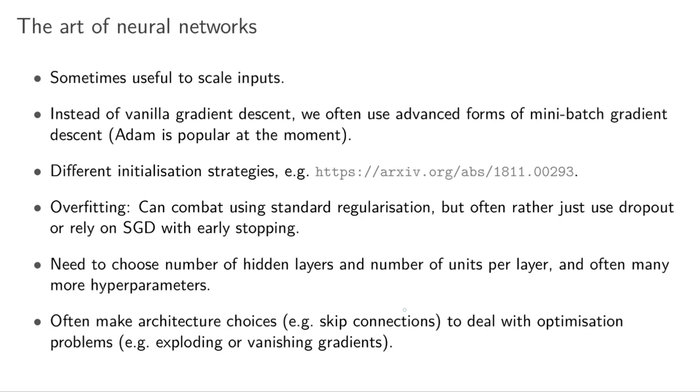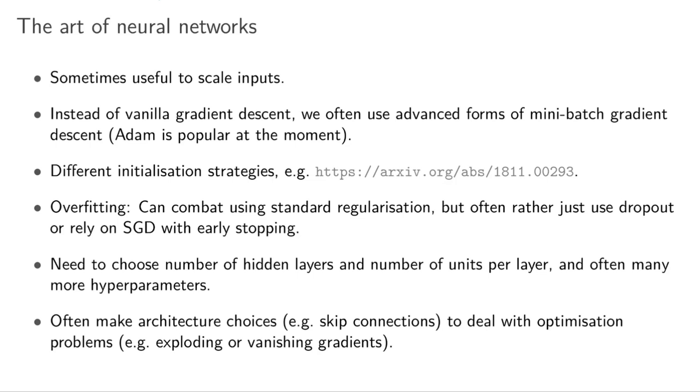There are also other decisions that you will need to make regarding the architecture. There are things called skip connections. I should maybe take a step back. Very often, as your models get deeper and deeper, you start to get problems with gradient descent. They talk about exploding or vanishing gradients, and you need to deal with that.